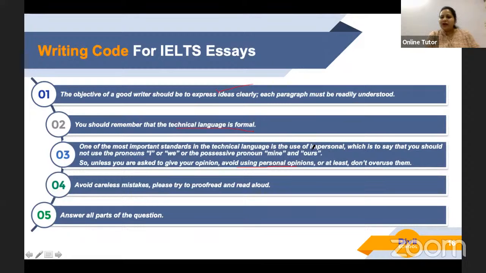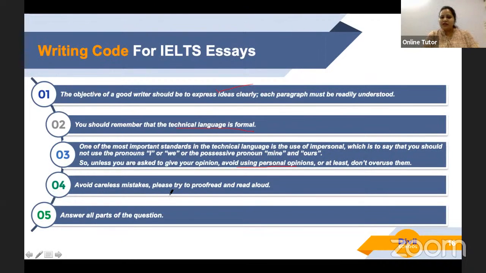Otherwise, please try avoiding your own personal opinions. An important standard in technical language is the use of impersonal language. So please avoid saying I do this, I like this, in my point of view, unless and until you are asked to do so.